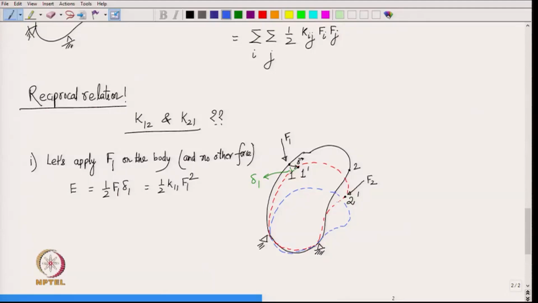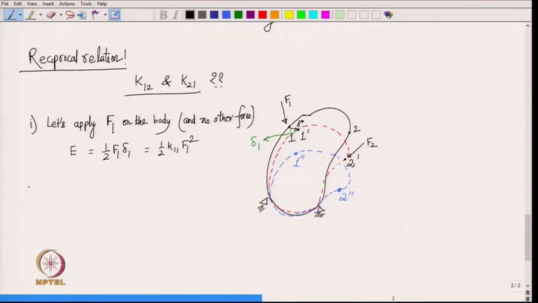All right. So, 2 prime goes to 2 double prime. So, maybe somewhere over here, that is 2 double prime, and 1 prime goes to 1 double prime. So, now what would be the additional energy stored? You see, during step 2, you are applying F2.